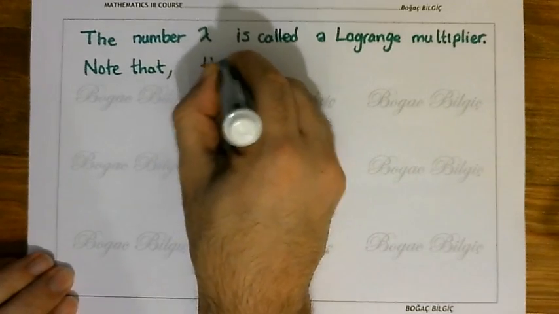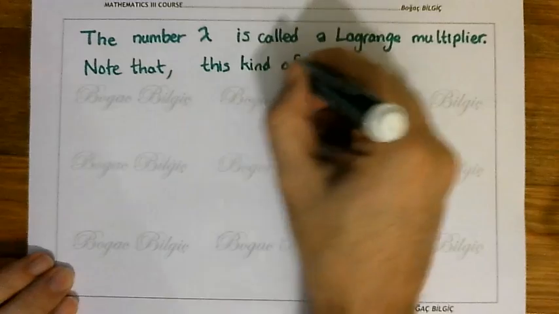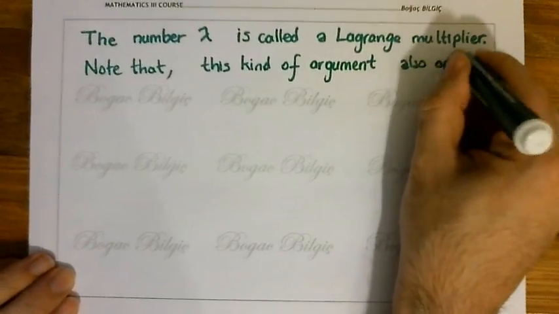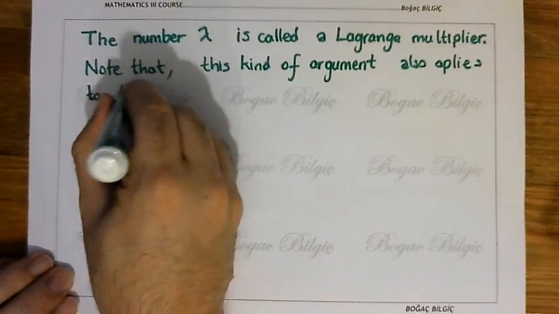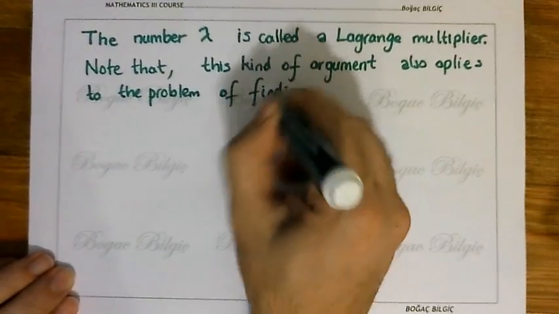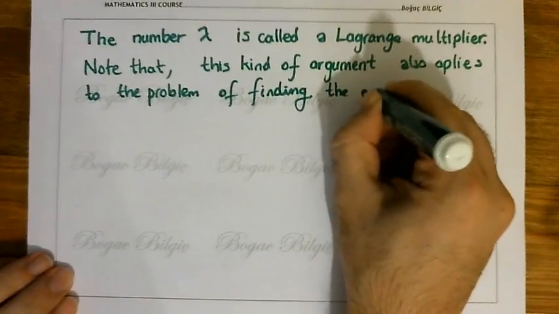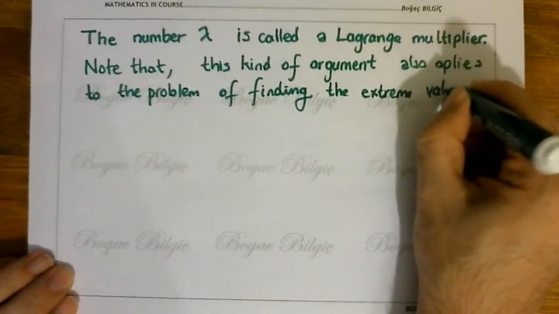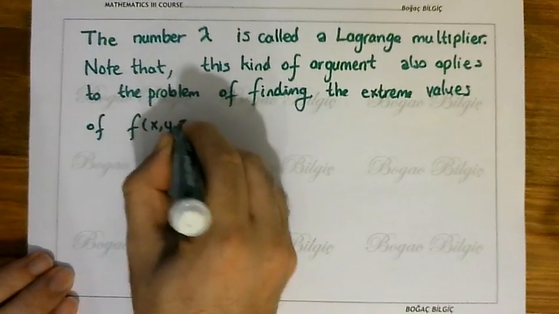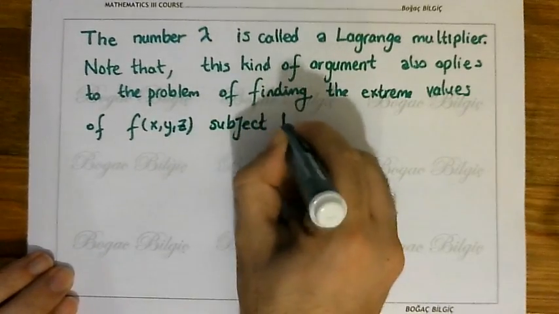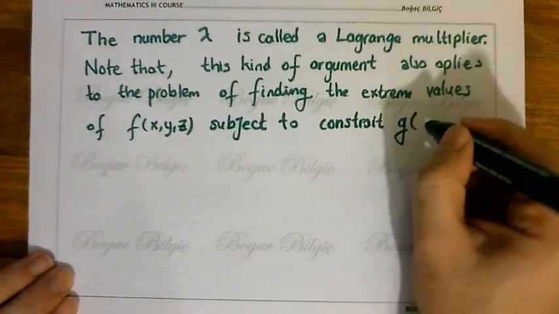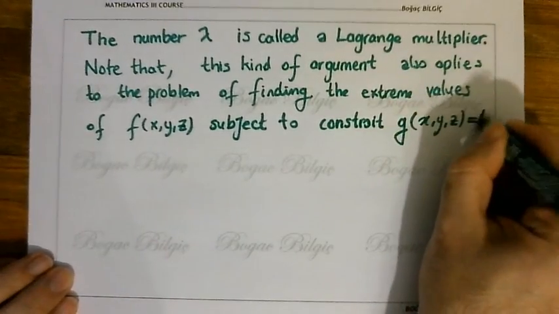This kind of argument also applies to the problem of finding the extreme values of f(x, y, z) subject to the constraint g(x, y, z) = k.